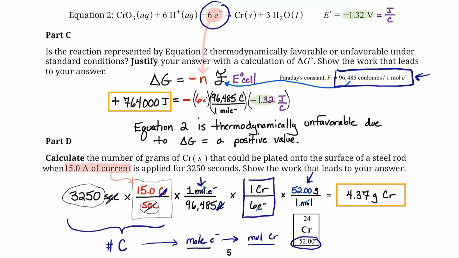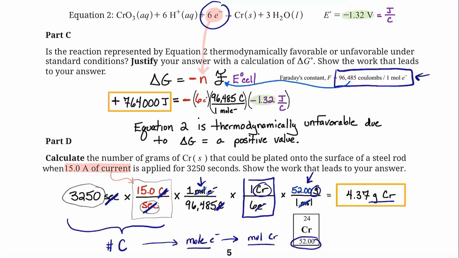What I mean by that is cancel in a way so that all of your units cancel out. So moles cancel, electrons cancel, and what I'm left with is grams of chromium. Okay, and when you do the math, you get 4.37.